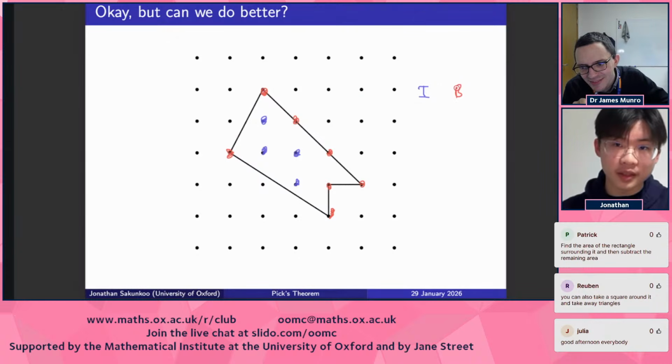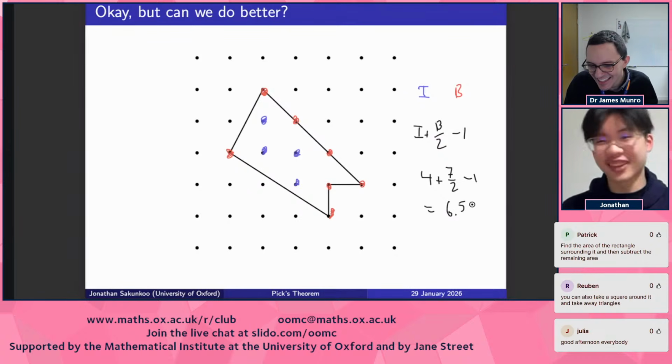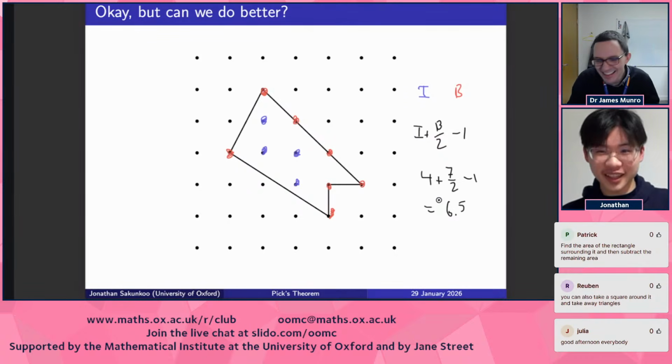So we'll call that B. Now I want you to look at what I plus B over 2 minus 1 is. Well, we know I is 4, plus 7 over 2, minus 1 equals, unsurprisingly, given what I've been leading up to, 6.5.